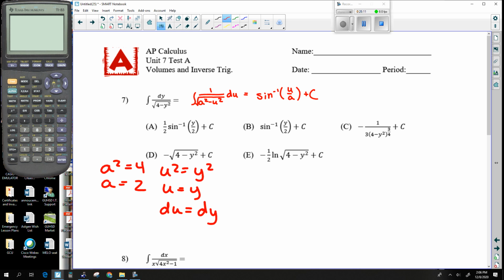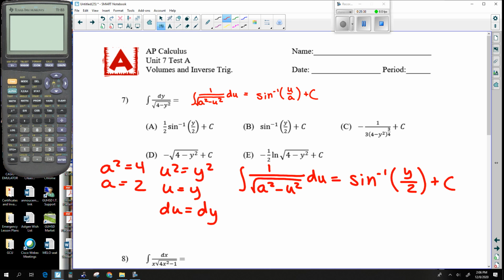Actually, let's just do the substitution to make sure I did everything correctly. 4 is a squared, y squared is u squared, dy is du. So yes, I did all of this correctly. So this is going to be inverse sine of u over a plus c.